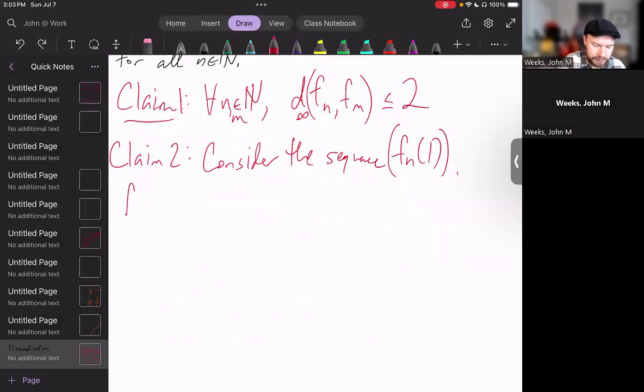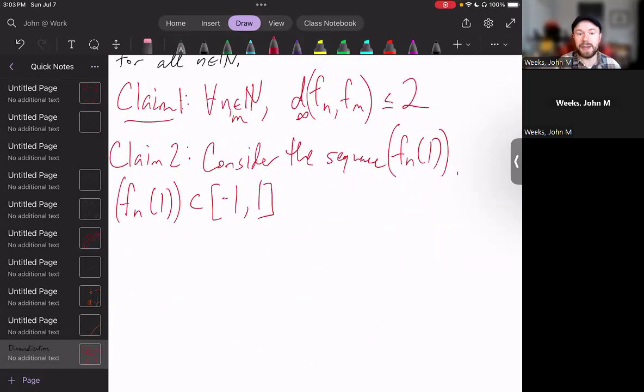For f sub n of 1, this sequence, we know from what we've just been discussing that wherever the values of this function land, they have to be inside of the codomain of the function, which is inside of -1 to 1. We've talked about why that is, that they have to be in between -1 and 1, and that's because they have to fit inside that triangle.